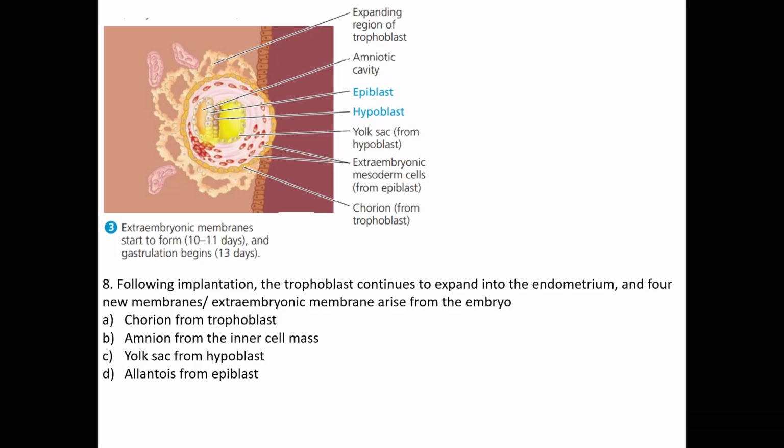And then we have the allantois, which is the extension of the yolk sac. This allantois is derived from the epiblast. So with the formation of these four new membranes, implantation is completed.